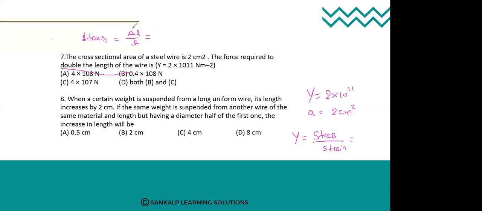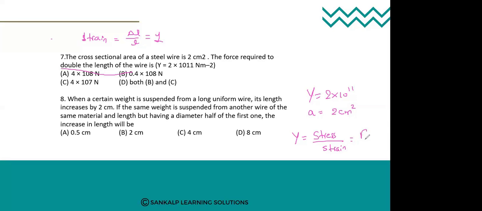So when you double the length, the change in length divided by the initial length gives the strain value as 1. Why? Because when you take the ratio of that, it will give you the answer 1.